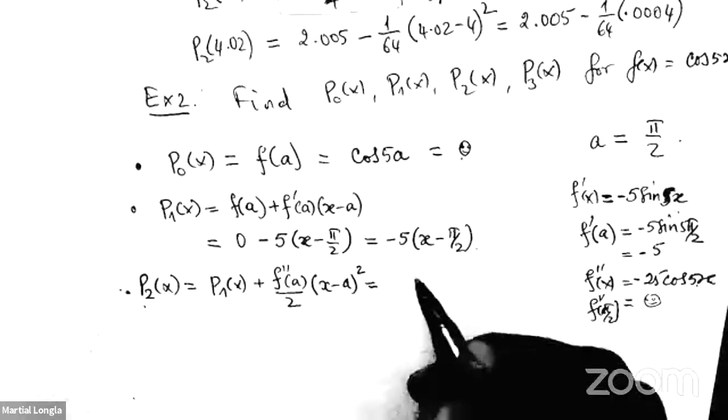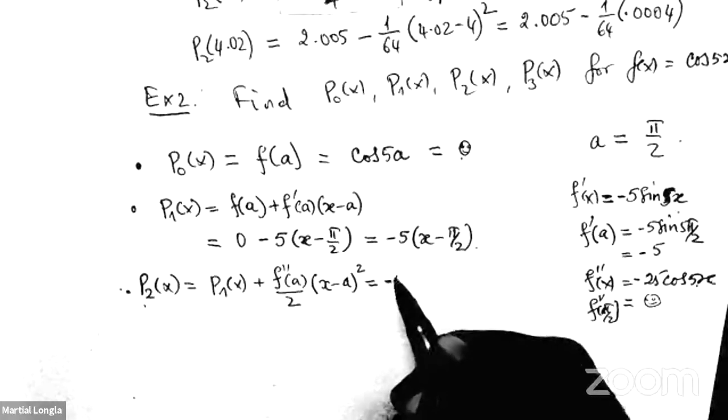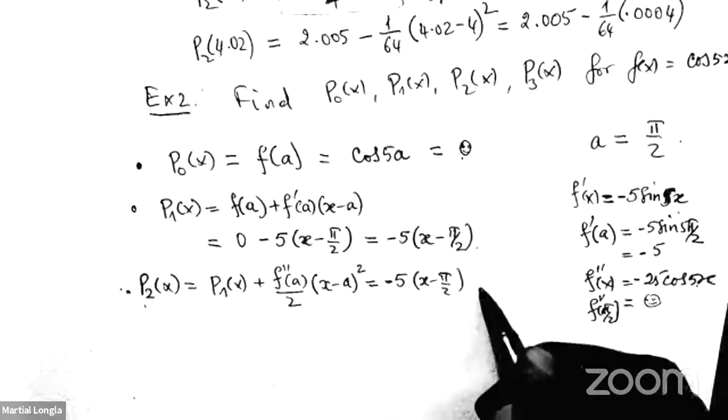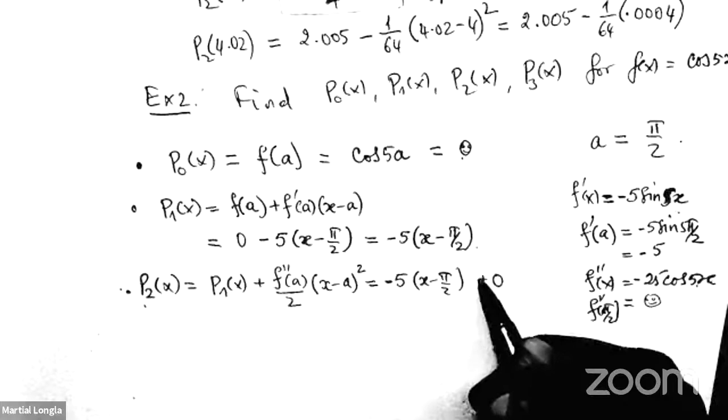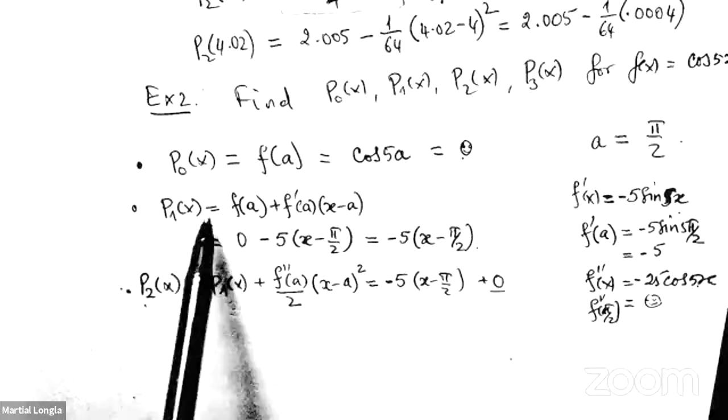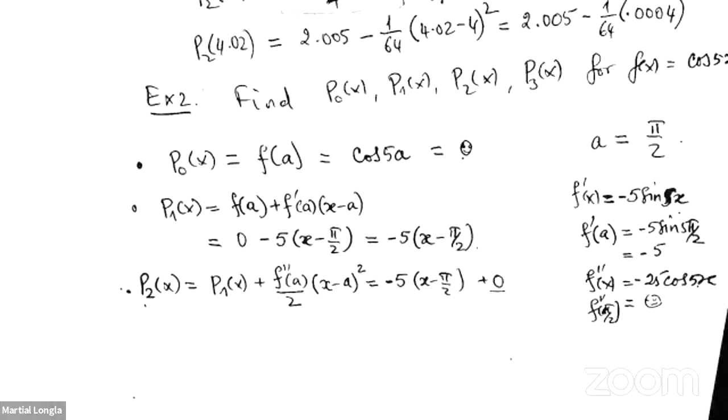So this is equal to negative 5 times x minus pi over 2 plus 0, so nothing. So you can see that here P1 is equal to P2 because the coefficient of x minus pi over 2 squared is equal to 0.